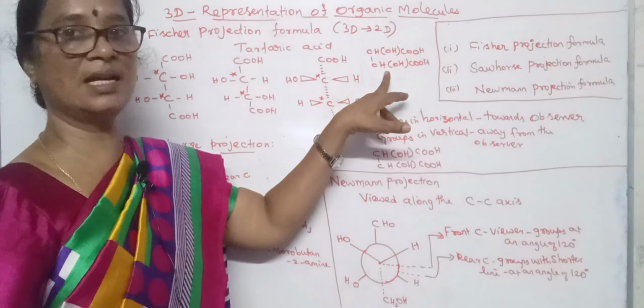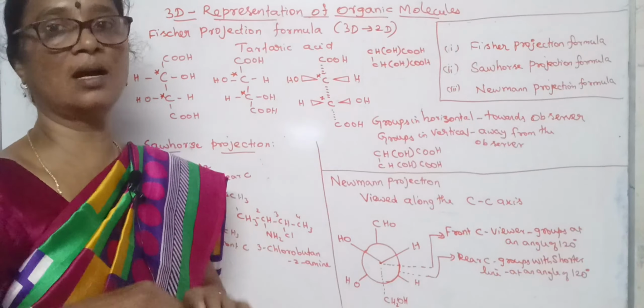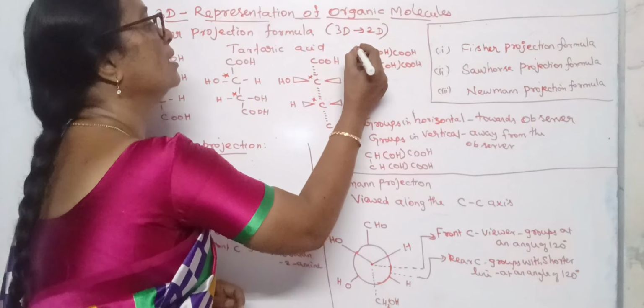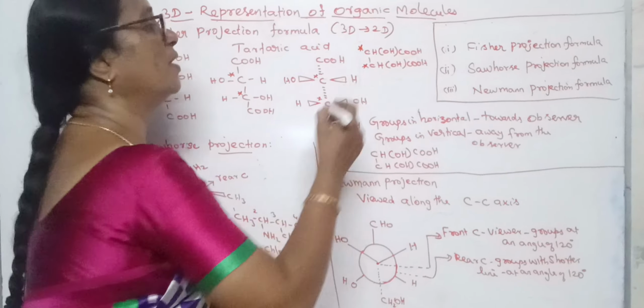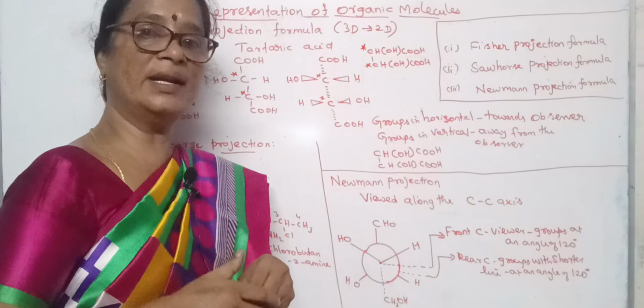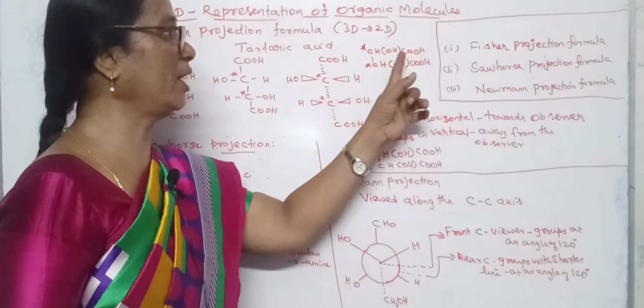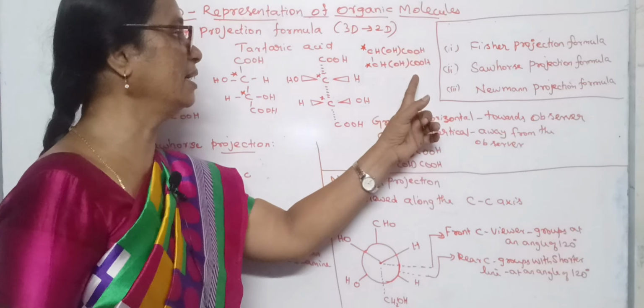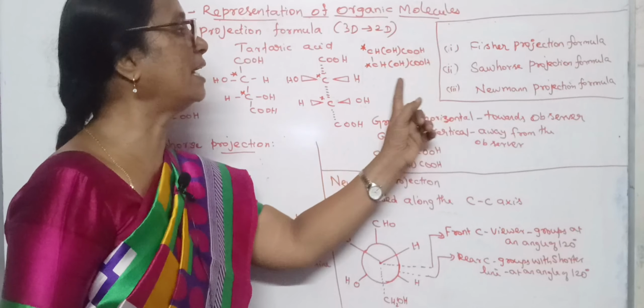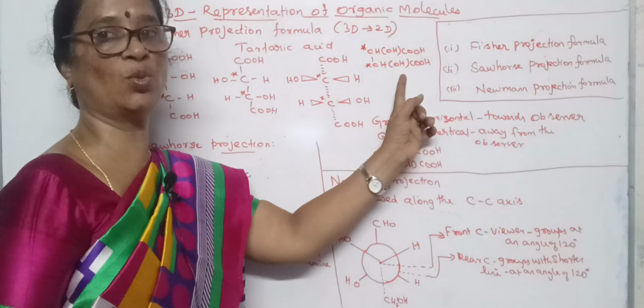In tartaric acid, you may find two chiral carbons. What is a chiral carbon? A carbon with four different valencies. How can you identify the four different substituents? See, one hydrogen, one OH, one COOH, and the other group is the entire part CHOH COOH.